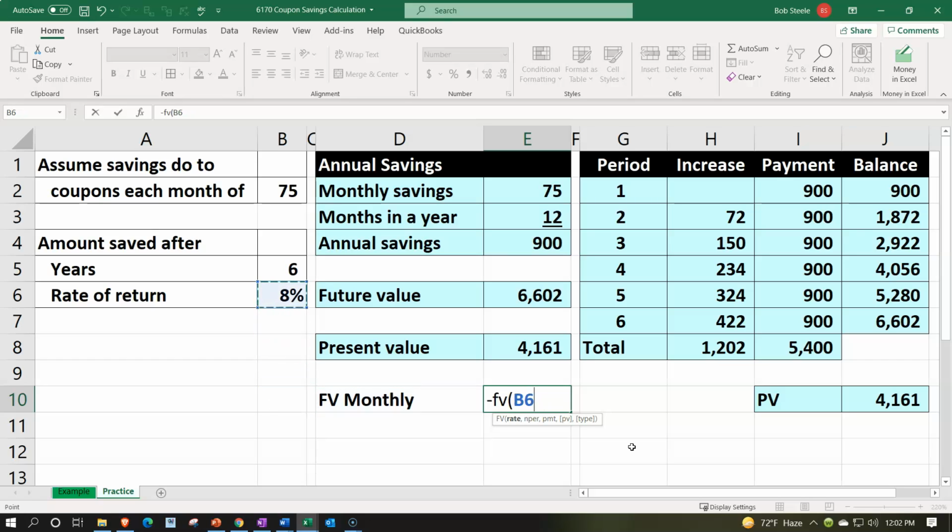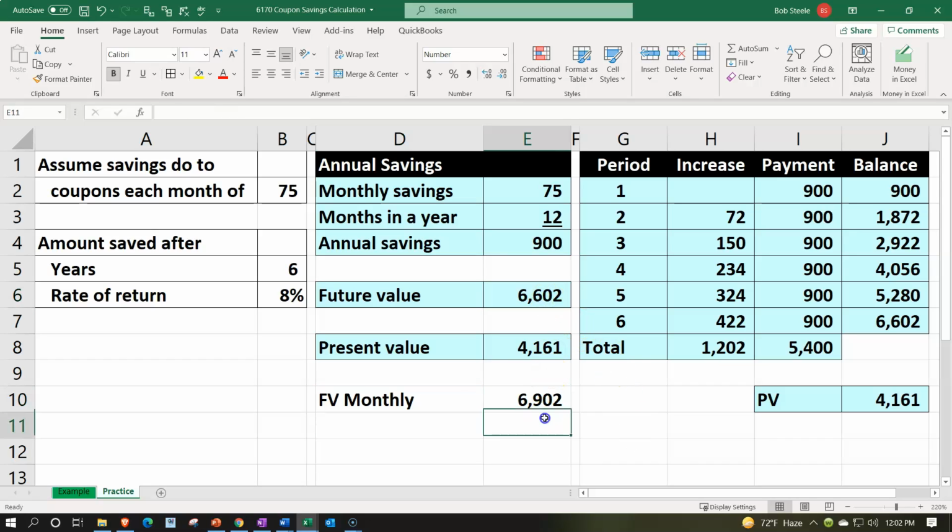Then I'm going to say divided by 12 to get the monthly rate, comma, number of periods would then be 6 times 12 to do it on the monthly basis. And then, comma, the payment now would be the monthly amount that we're saving, which would be the $75 instead of the $900, the yearly amount. And then we'd have the $6,902. It's going to be different due to the periods being monthly instead of yearly.